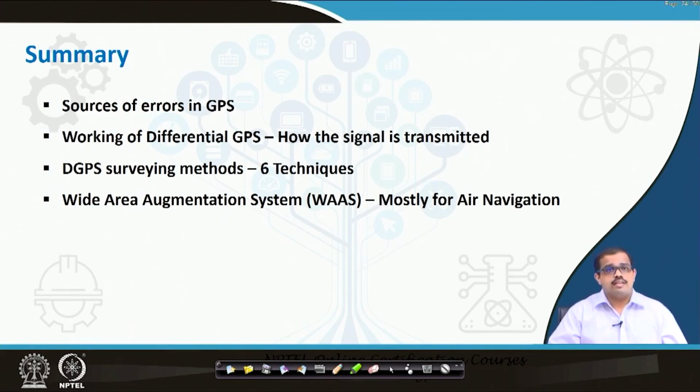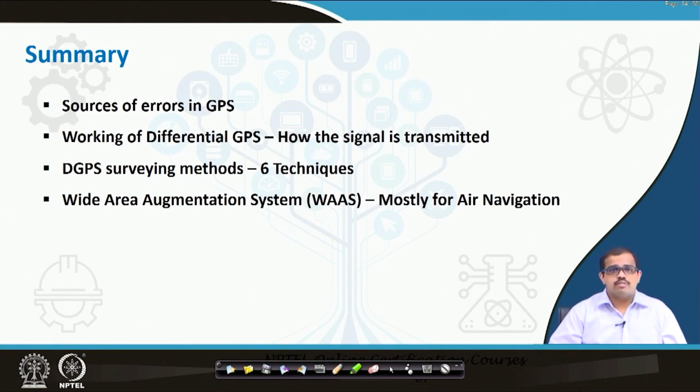And then we looked at DGPS surveying methods. We looked at static, kinematic methods, pseudo kinematic methods, and the stop and go method also. All of these different methods are used, but normally the RTK method is well known in terms of accuracy and is used worldwide.